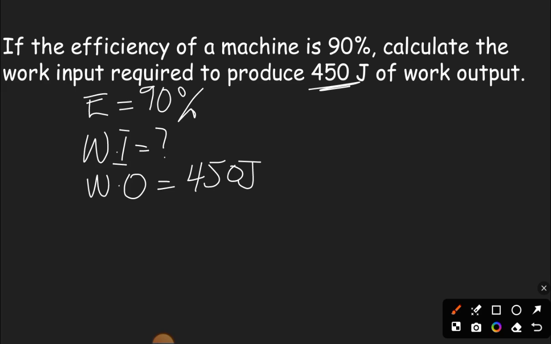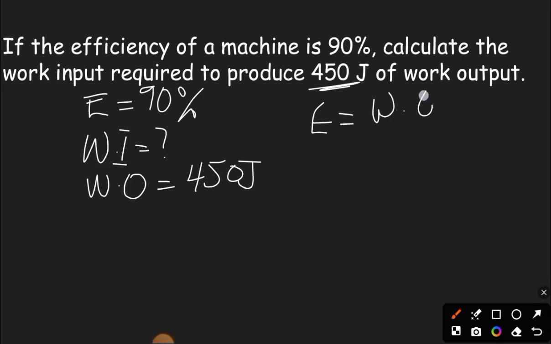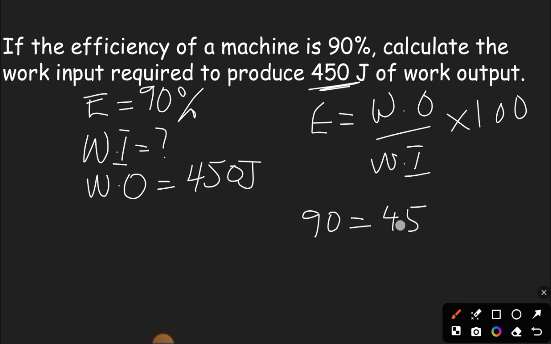So we go by the formula, efficiency equals work output over work input times 100. So our efficiency is 90. 90 equals, the work output is 450. Let's represent work input with x, over x times 100.